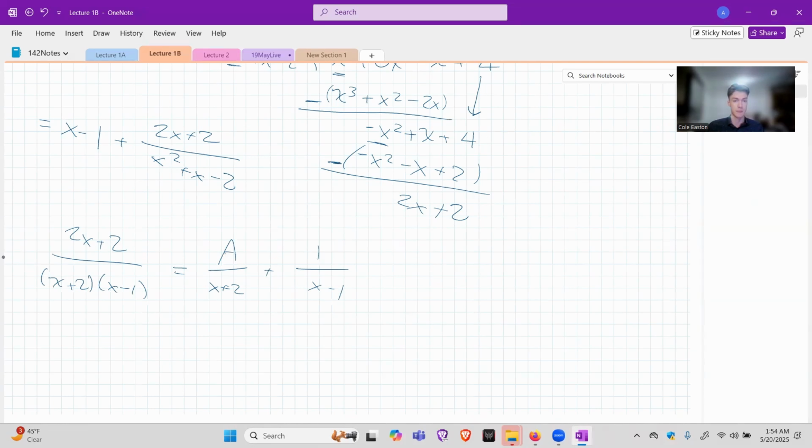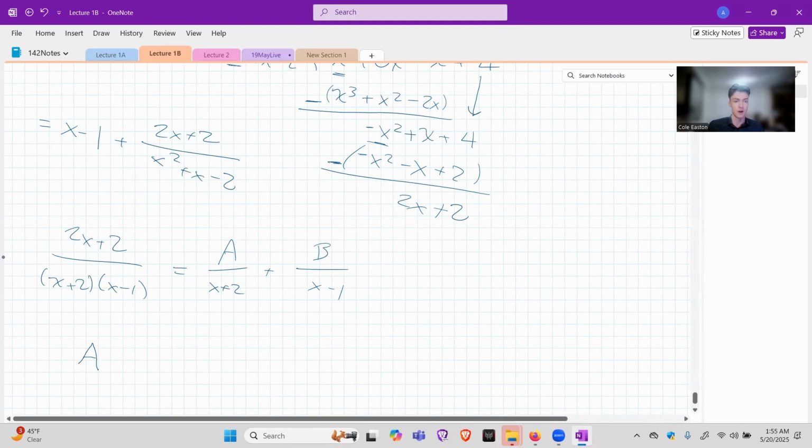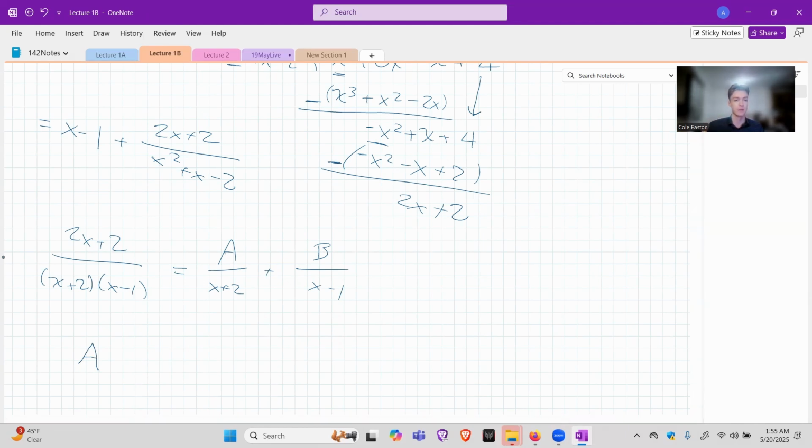And so let's see what we need to do. So to this first one, we need to multiply top and bottom by x minus 1, and to the other one, we need to multiply top and bottom by x plus 2. And I'm going to write this without doing the work on the bottom, just so you can get in the habit of thinking about it this way, because this is really the fastest way to do it.